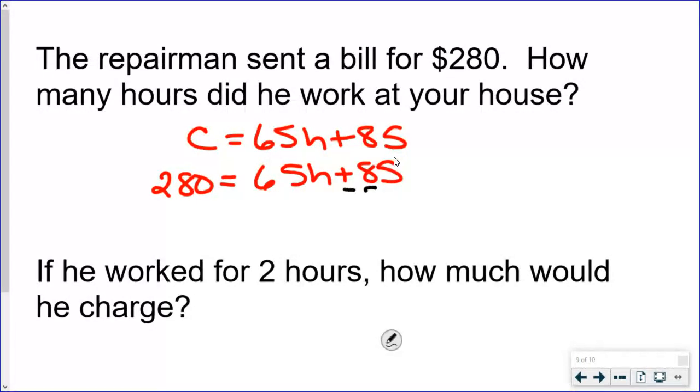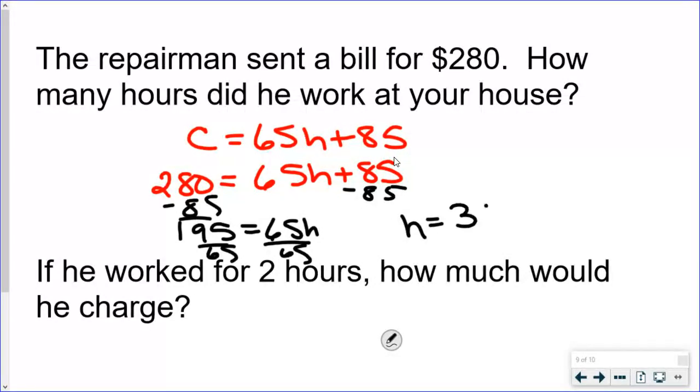Okay, so minus 85, and hopefully you're getting better at solving equations. So this is 195 equals 65H, and I'm dividing by 65. So divided by 65 gets you, H is 3, which means he was at your house for 3 hours, and that cost you $280. Okay, different type of question.